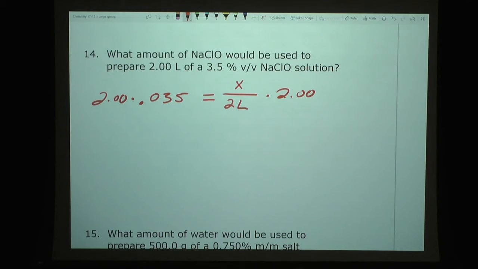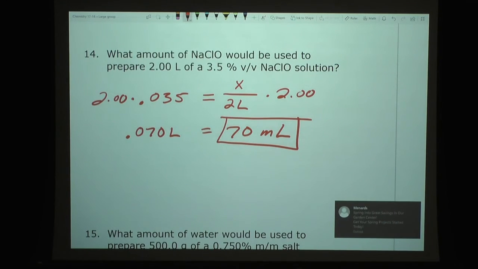So 2.00 times 0.035 is 0.070 liters, which will give you 70 milliliters.